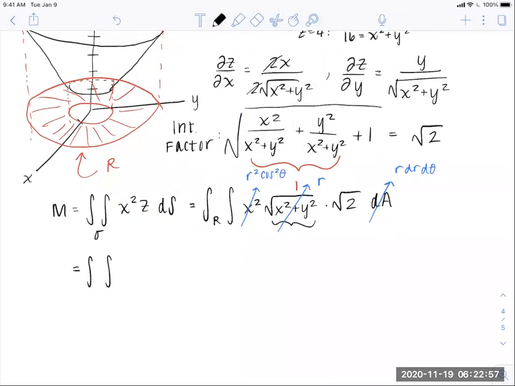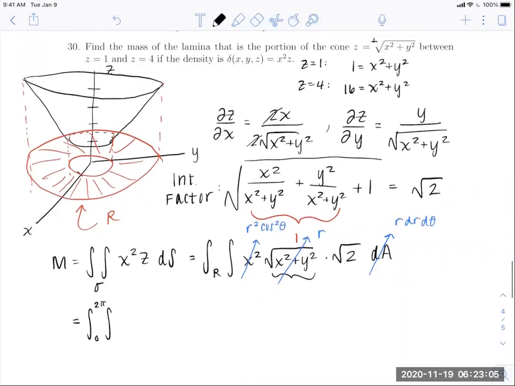For theta, since we have a full 360-degree annulus, I want to go from 0 to 2 pi. And my radius, remember I had previously figured that out, can be written up here as r equals 1 and r equals 4. So my radius is going from 1 to 4.